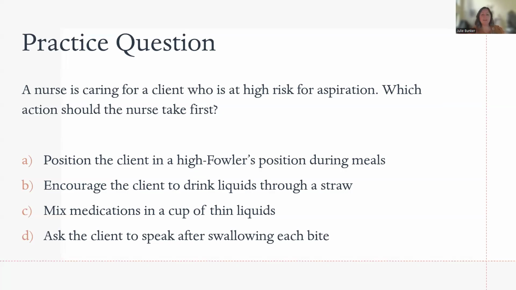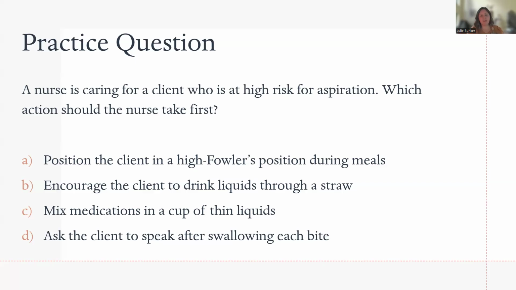It's another question using repositioning. That's pretty common. Good one with this topic, though, aspiration. Why don't we like aspiration? I'll let you answer that for yourself. But we want to prevent that in any way, any case. Okay, so do we like clients who are at high risk for aspiration to use a straw?